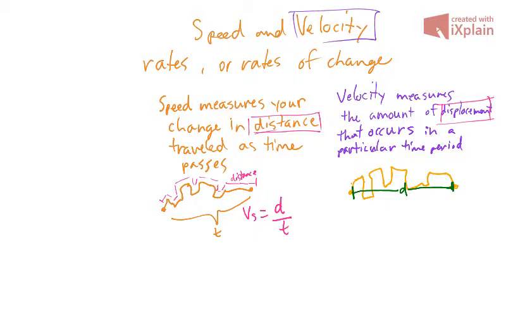And of course the time is the total amount of time it took for that displacement to happen. That's not the D. That is called delta X. This straight line distance from one point to another is our delta X. So then our velocity becomes delta X over delta T.